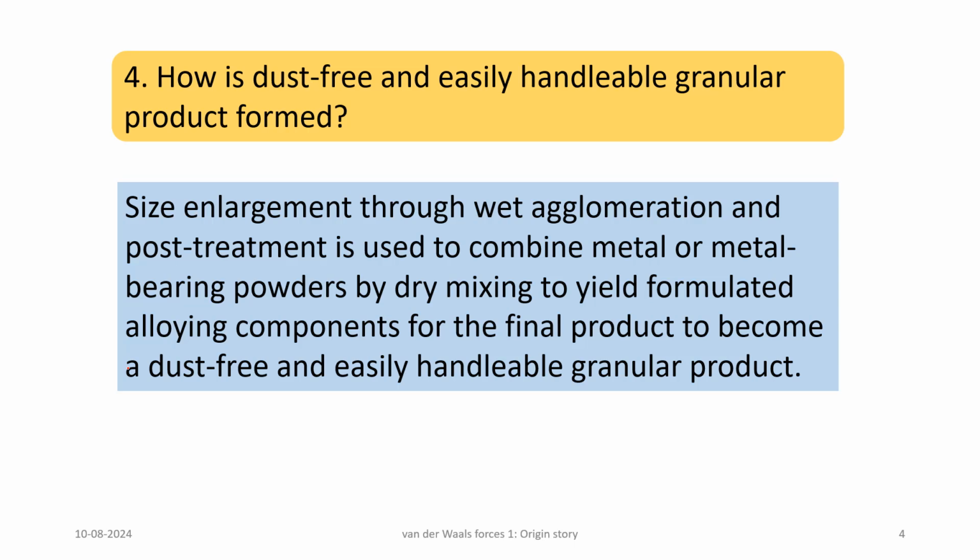That means first we do the wet agglomeration and some post-treatment like cleaning and removing the metal or metal-bearing powders by a blower or fan, and then we yield it to formulate alloying components. That is our final product, and that is how we create a dust-free and easily handleable granular product.